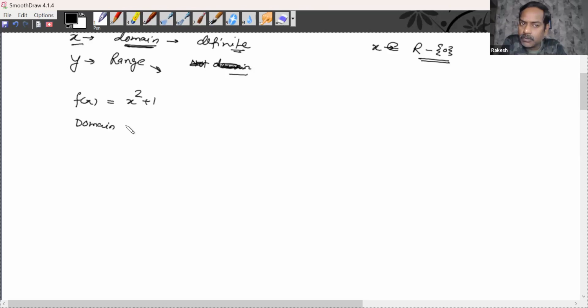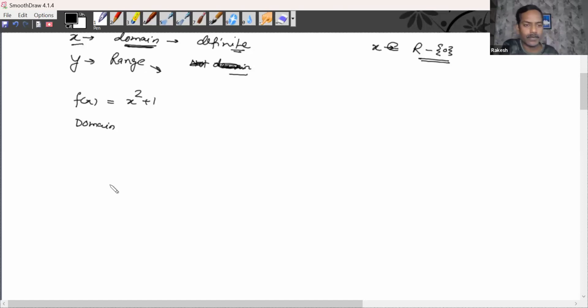For all positive values of x, it is defined. X equal to 0, it is defined. All negative values, defined. X being a fraction, that is also defined. You can put any fraction, positive or negative, greater than 1, less than 1, less than minus 1, it doesn't matter. So here we can see that for any corresponding value of x, we will have some definite value of f of x, right?